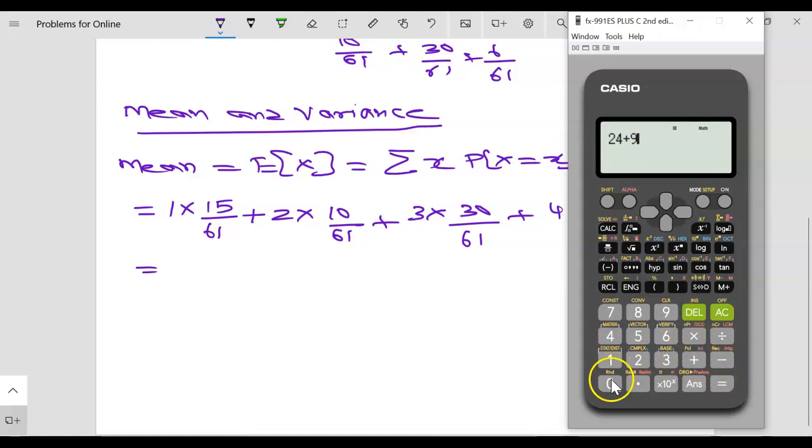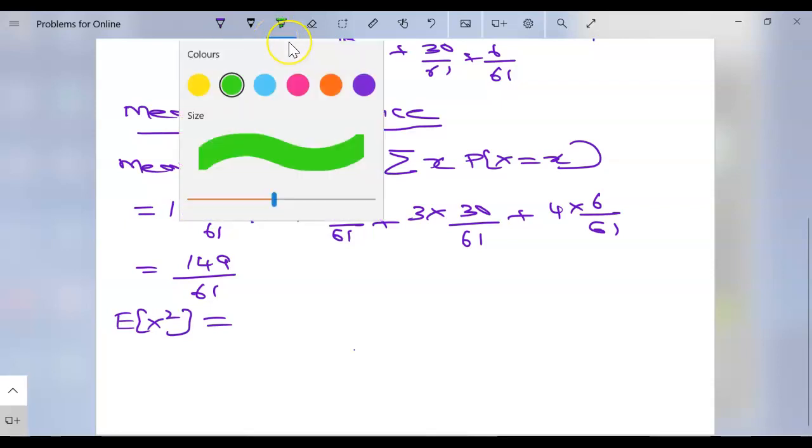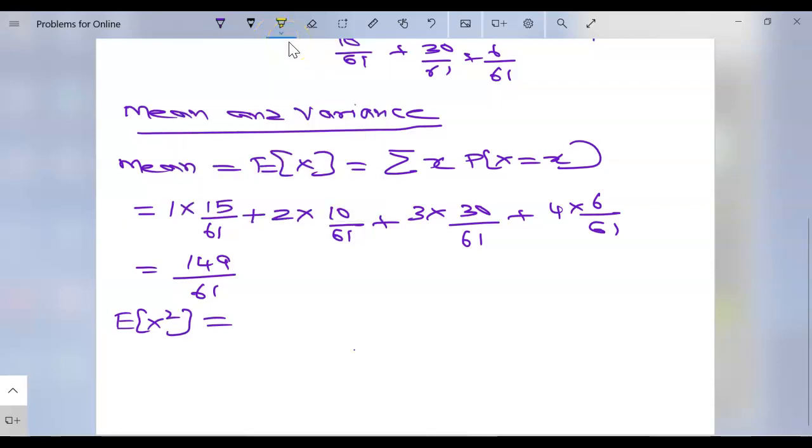It's 149 by 61. To calculate the variance, I require one more thing, something called E of x squared. What is the expectation of x squared? I'm going to change only this one. I will just copy and bring it for you.